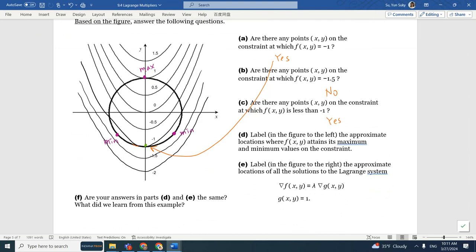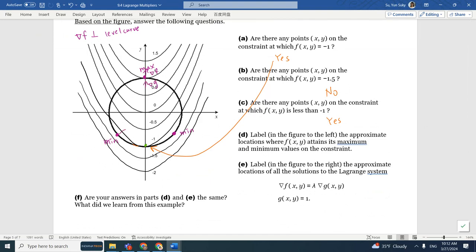Can you see here? Last time we talked about the gradient is perpendicular to the level curves. Therefore, at the maximum or minimum, you can see the gradient of f and the gradient of g are parallel.